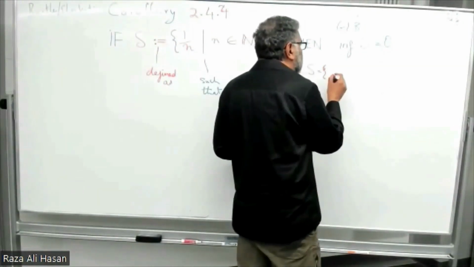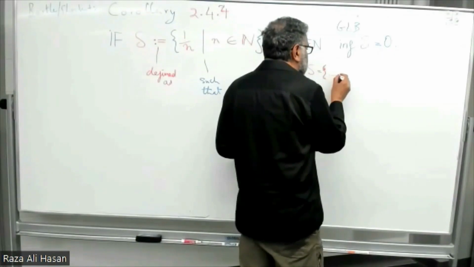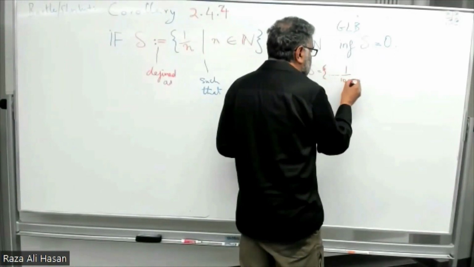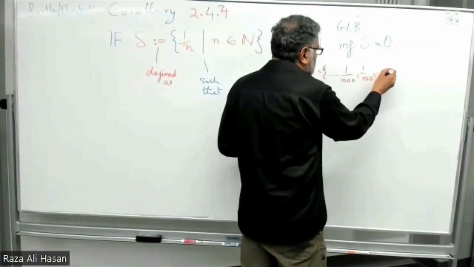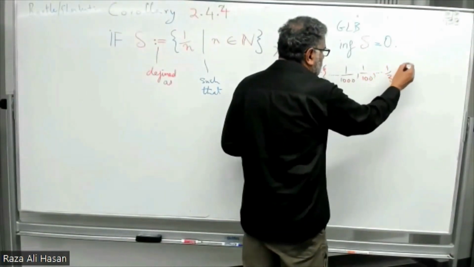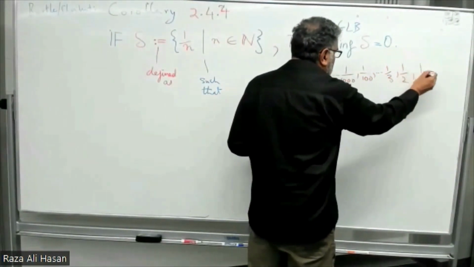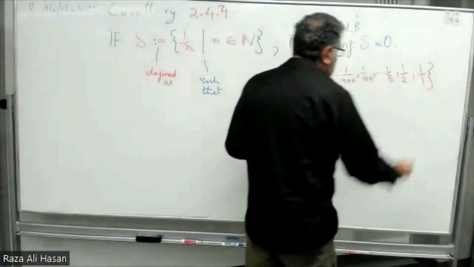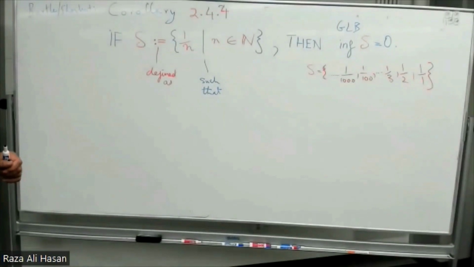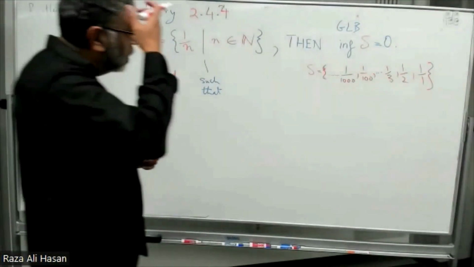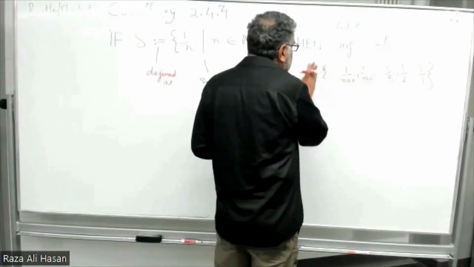Towards the left it goes on forever, kind of. Well, it completely approaches 0. It's an open bound. Okay, the GLB is open. Oh, so the GLB is sitting out here.